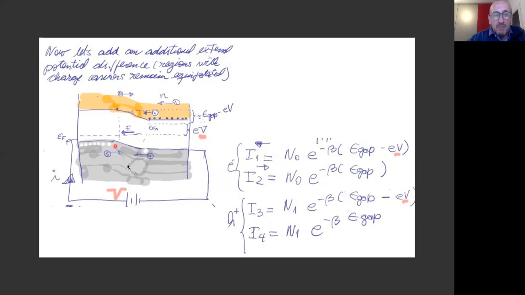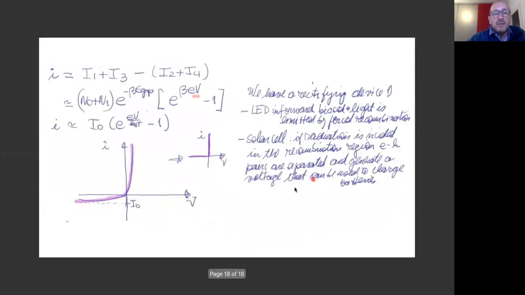And the same thing will happen to this one. So the current will be exponentially suppressed, which is exactly what happened here. So if this is very negative, the exponential will go to 0, so the current will go to minus I naught, which is what I have here.